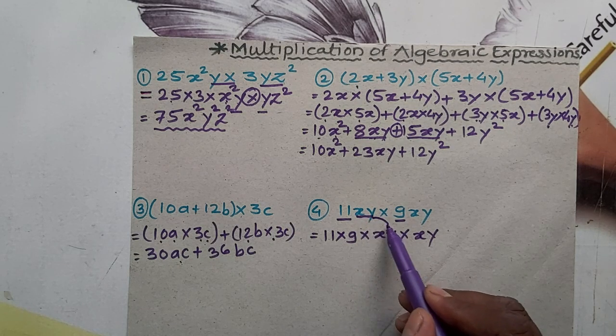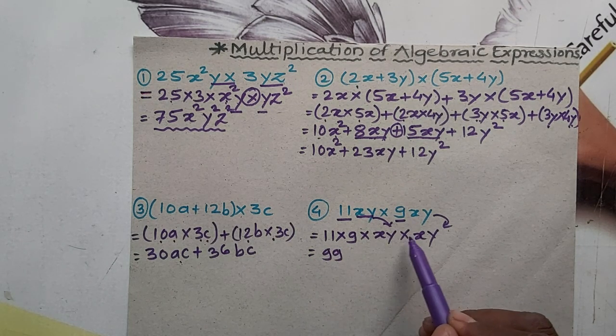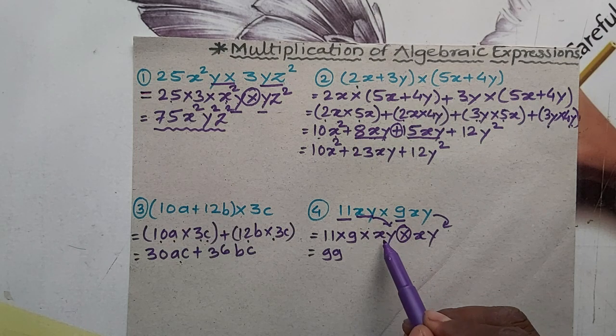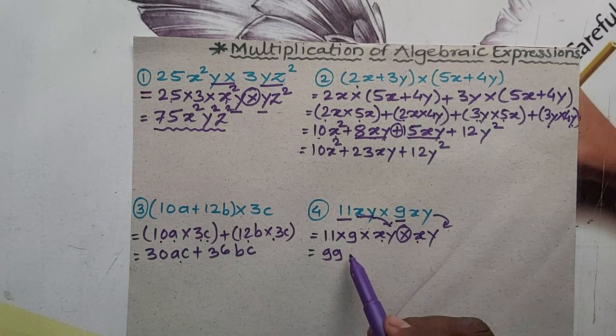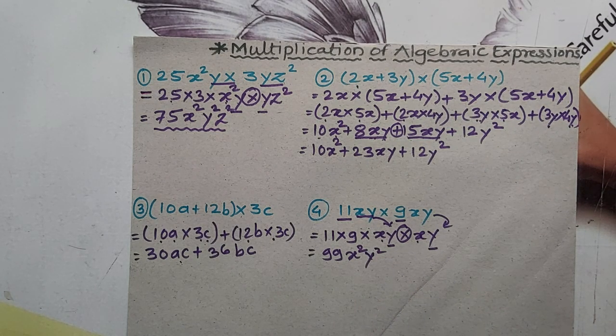This xy here and this xy here. Okay. Now 11 nines are 99. Here, students, multiplication signs. So x multiplied by x is x square, and y multiplied by y means y square.